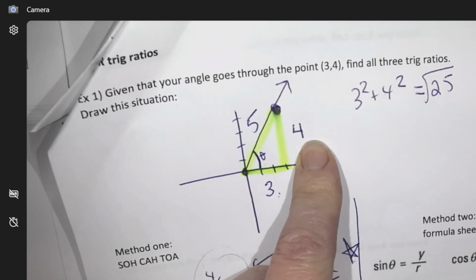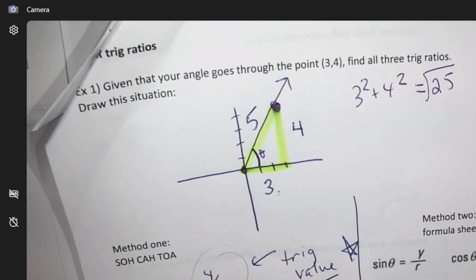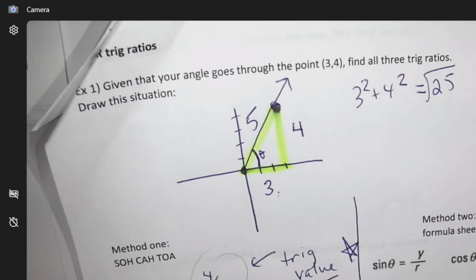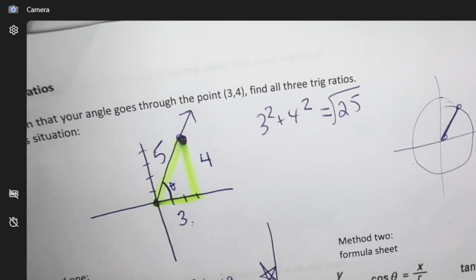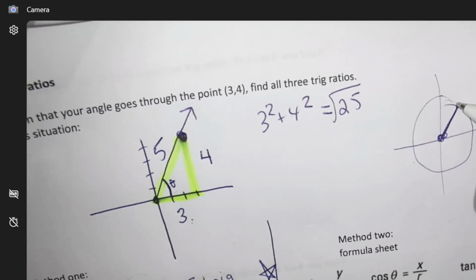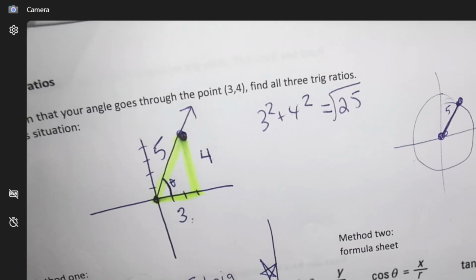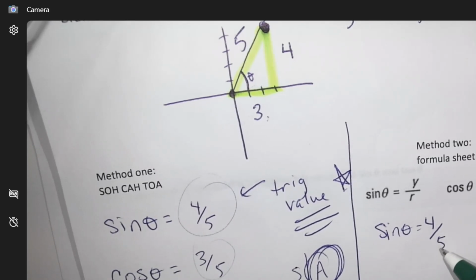So the r stands for the radius, so as in if I was a circle, what's the radius? From the center to the outside, that would be a radius. Okay, so that's what that r is talking about.